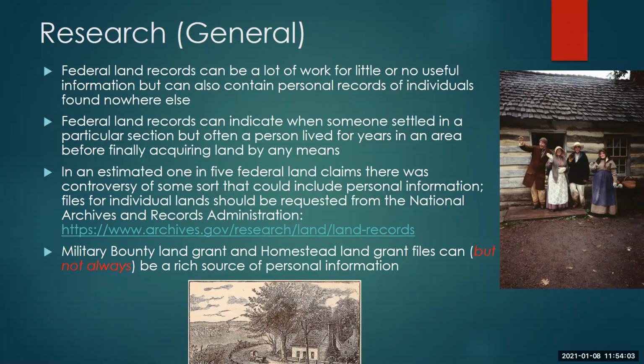But out of those 5, 1 out of every 5 of the federal land grant files that we're talking about involves some kind of a land dispute. Let's say grandpa made the first 3 payments on the land. Then grandpa died.